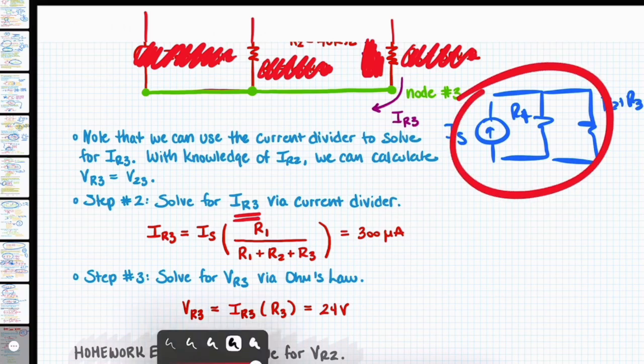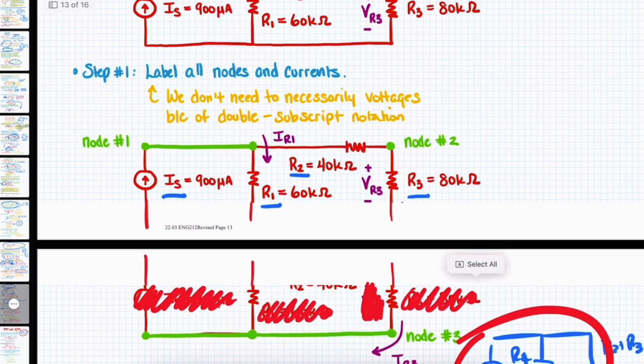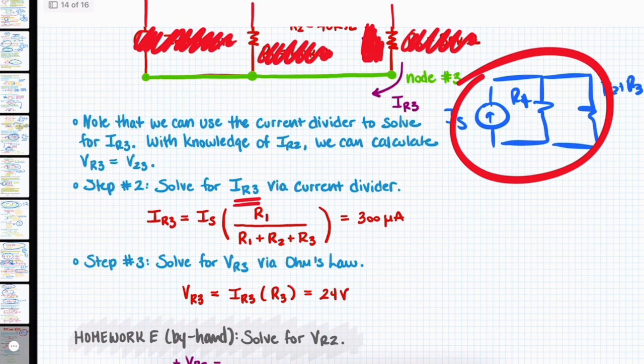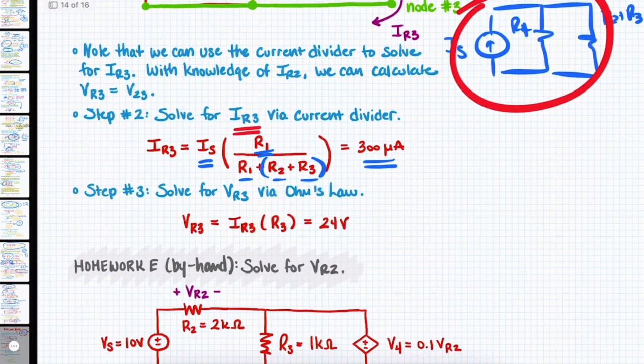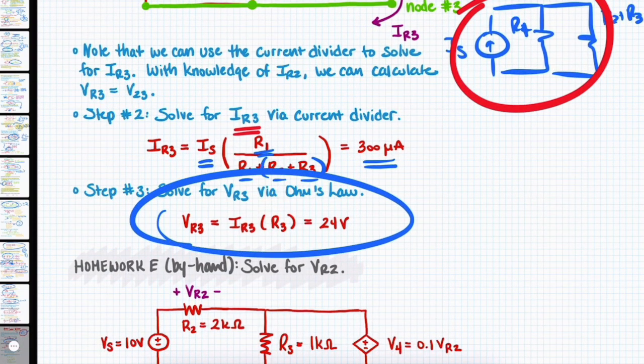We know that IR3, which hopefully is labeled up above, that would be this current right here, is equal to IS times R1 over R1 plus R2 plus R3, when in reality that's the equivalent. That gives us 300 microamps flowing along this branch right here. And then we know the current flowing through R3. It's pretty easy to calculate VR3 using Ohm's law.